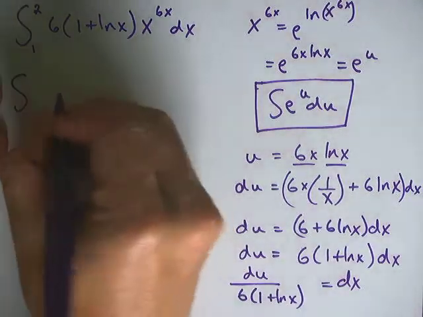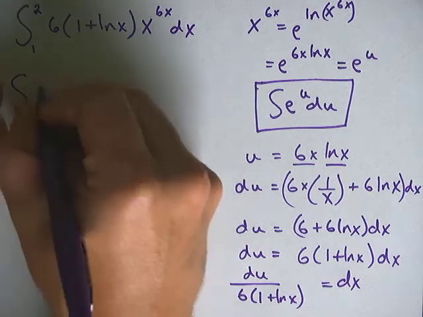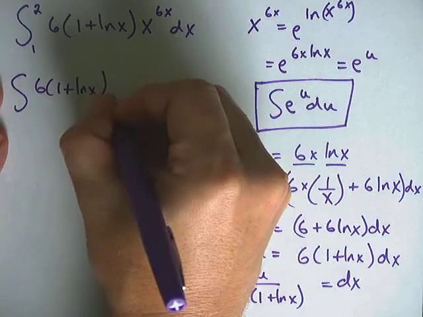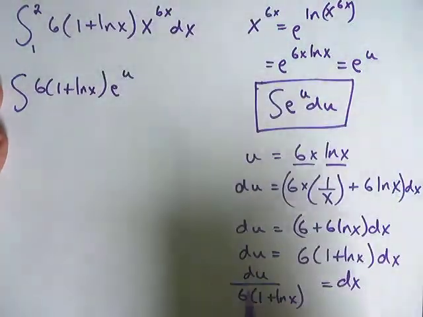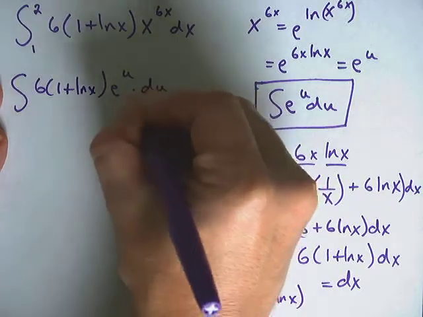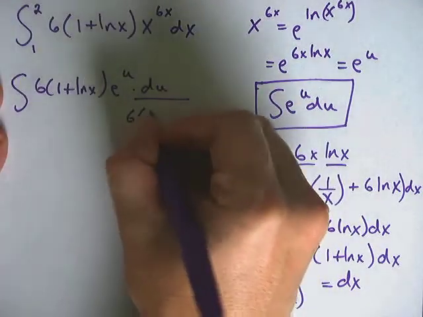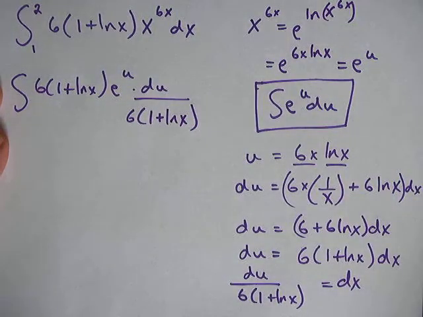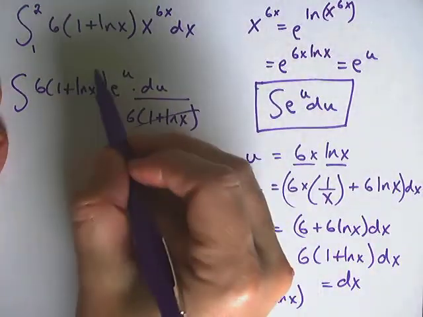So we have the integral of 6 times (1 plus ln x) times e to the u, and then times our dx, which is du over 6 times (1 plus ln x). Now that's convenient because this whole thing is going to cancel out.